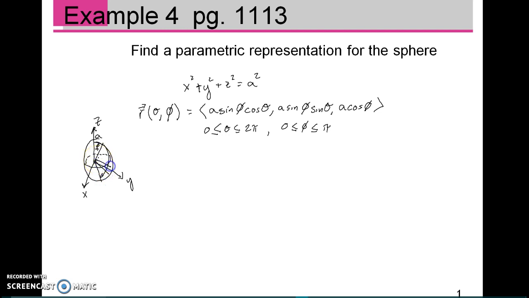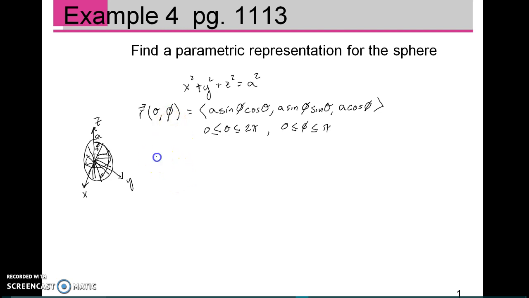Since it's measuring the angle out from the z-axis, it will hit the whole sphere. So you can imagine this makes good sense, in which a sine phi and a cosine phi would basically make a sphere. Again, we're going to go over this in the next few modules, but let's just memorize what we have here and work with it for now.